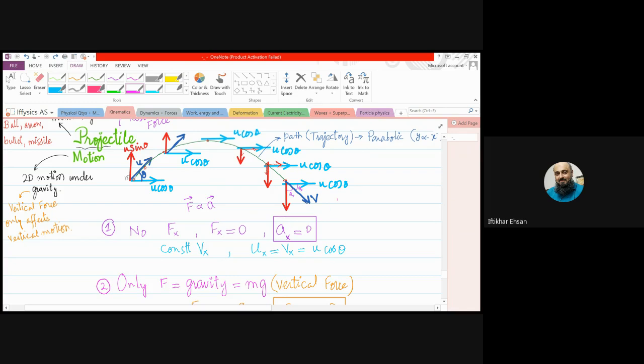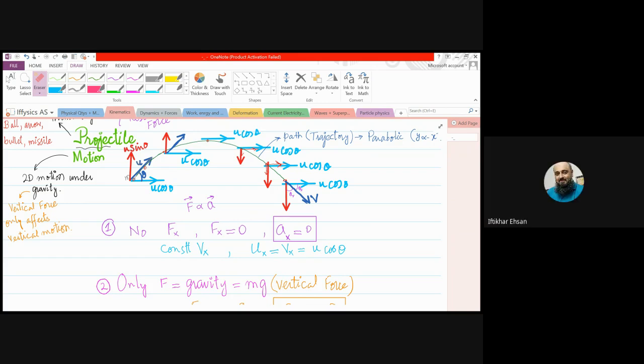This is the most important point we are looking at. When we say the horizontal acceleration is zero, what does that mean? Acceleration is the rate of change of velocity. When acceleration is zero, it means the velocity is constant; it doesn't change, unless a force acts on it.